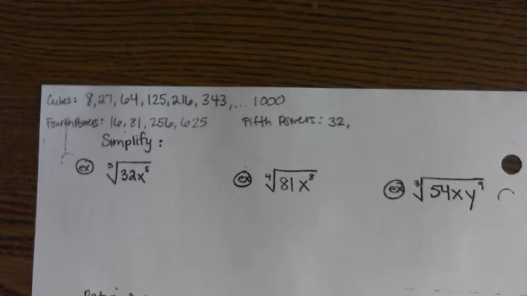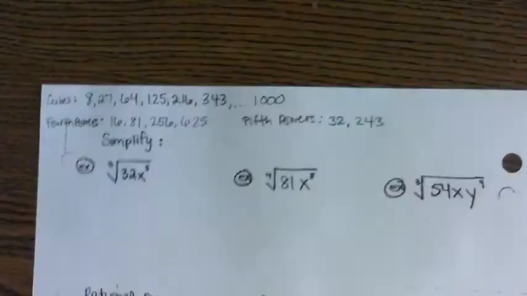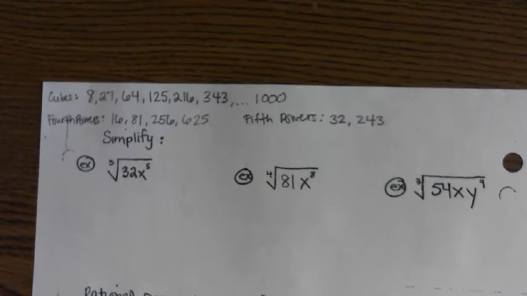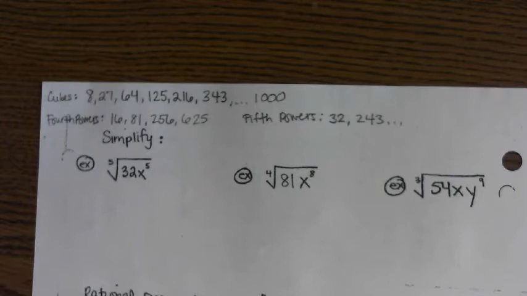Well, let's think. 81 times 3. 243, right? I'm calling it a day there. That's the end of my road. I'm out of gas. All right, so just some of the special numbers that you should get used to seeing and being like, yeah, I'm pretty sure there's something there.